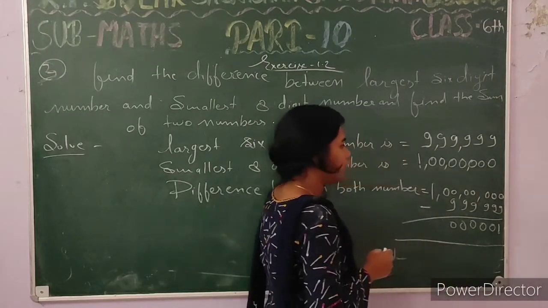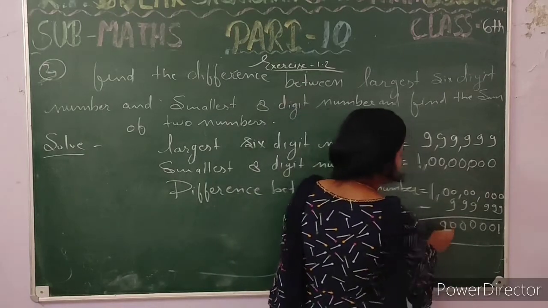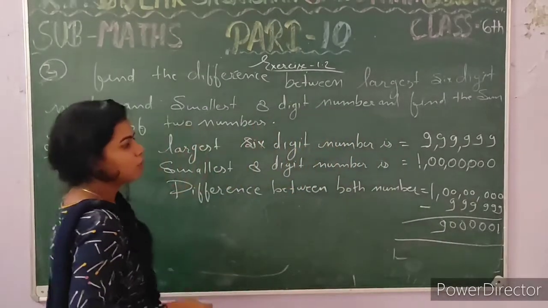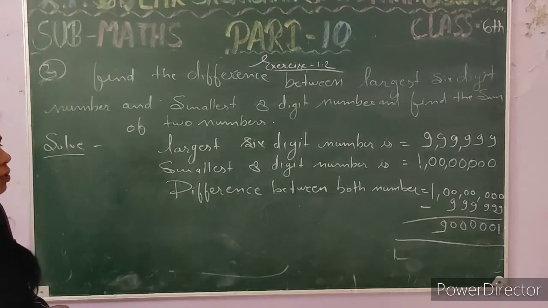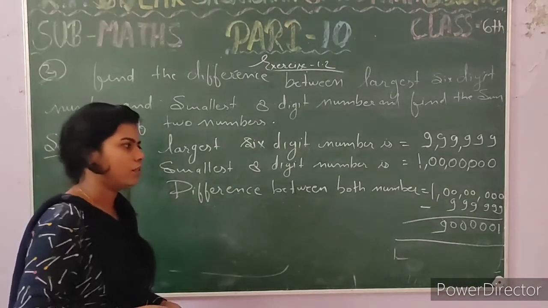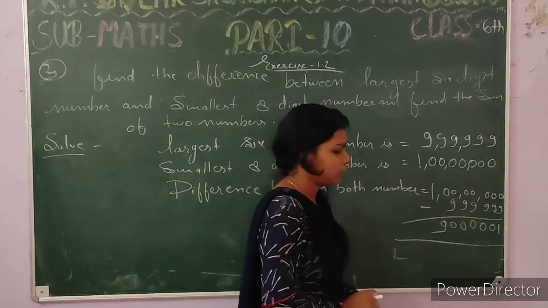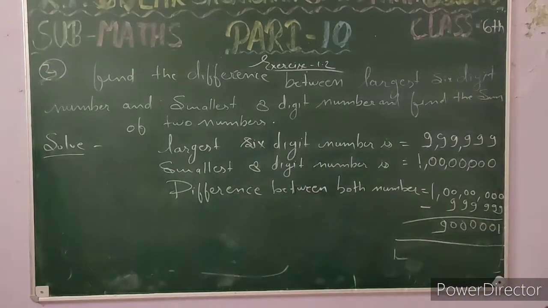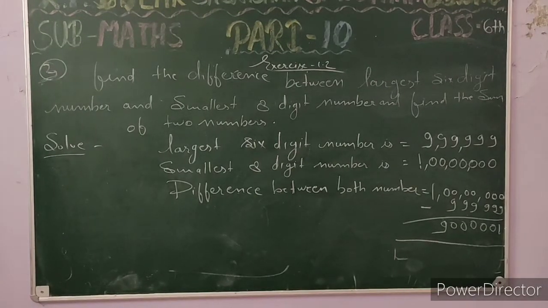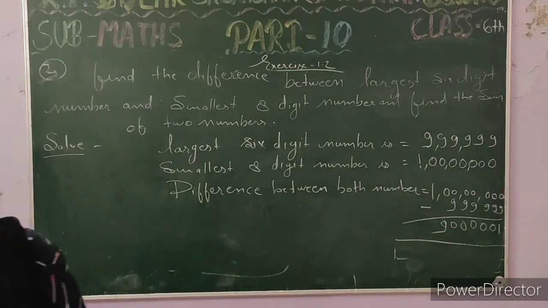Students, always be careful about the meaning of these types of questions and how we do them with our basic knowledge. Subtraction is done in this way. So this is your answer, the difference between both numbers.